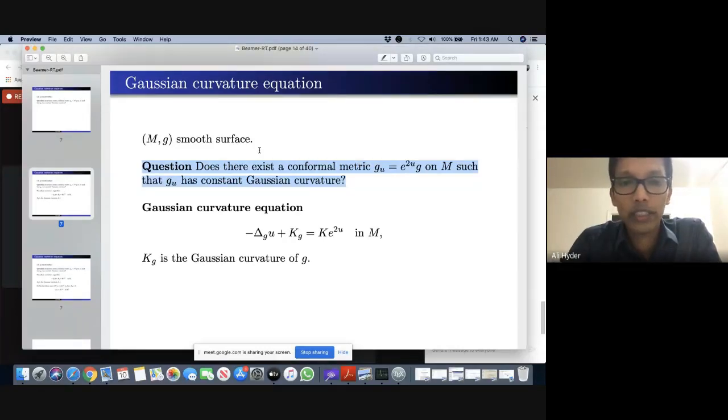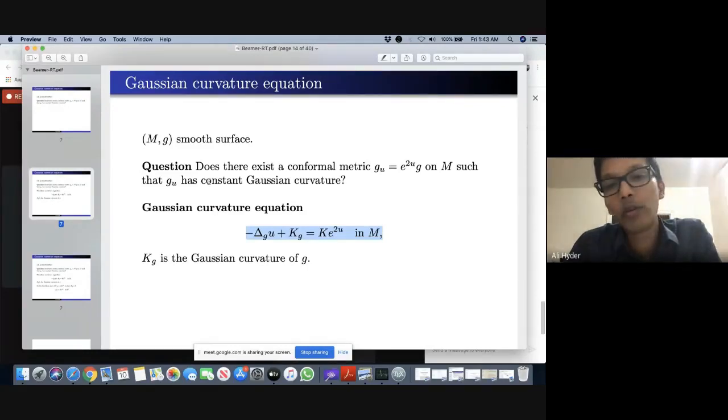So in those cases, you need to understand the existence of solutions to this equation. And then instead of Gaussian curvature, you want to know the existence of a manifold of even dimension, or nowadays also odd dimension, with prescribed Q curvature. Then again you want to study this sort of equation in the higher order case.